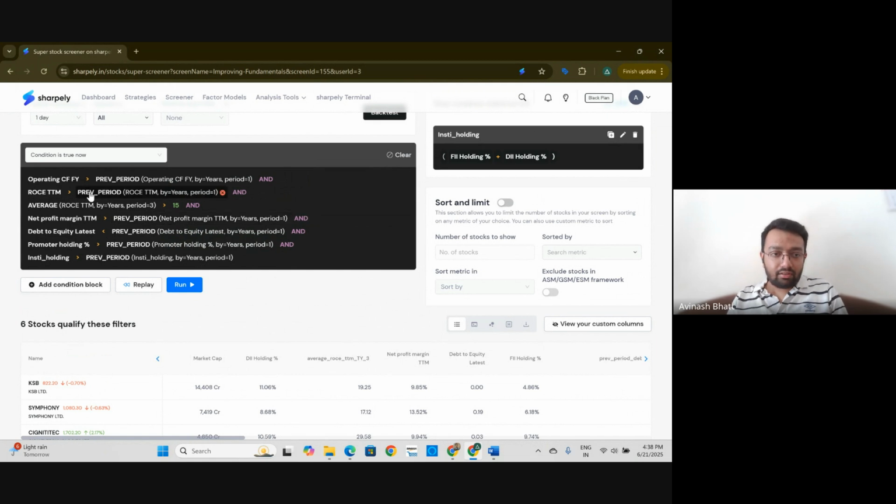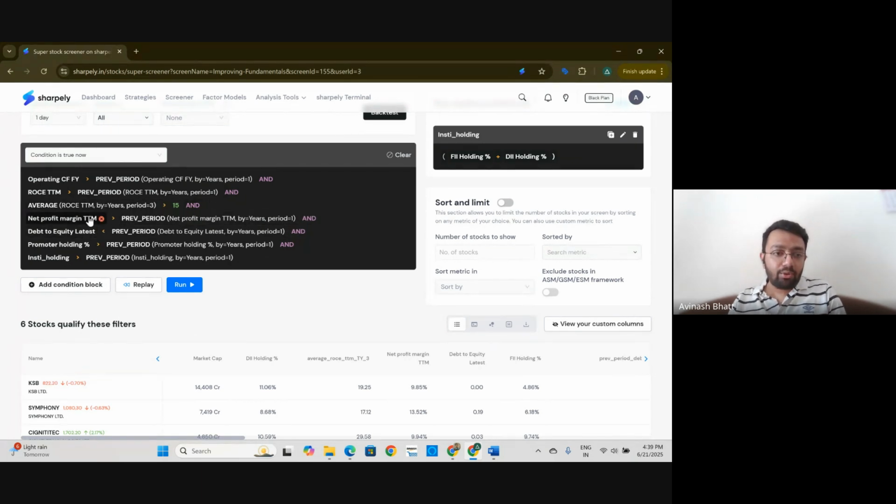So this previous period function is, for example, what I'm doing right now is comparing operating cash flow with operating cash flow 1 year ago, and it should be higher than 1 year ago. Again, ROCE should be higher than what ROCE was a year ago. Then the average of ROCE trailing 12 months, so 3 years average ROCE, should be greater than 15.